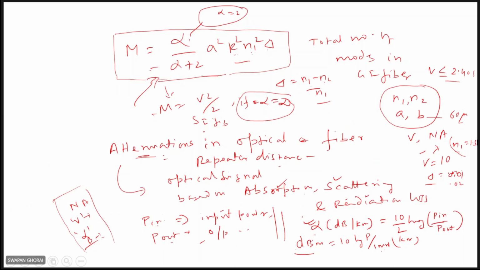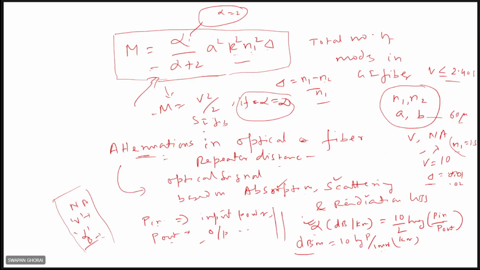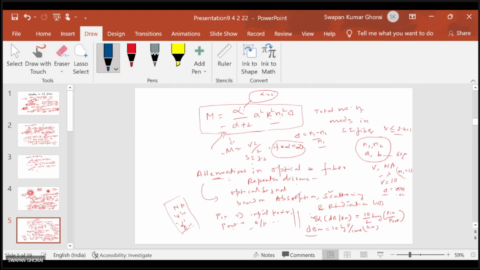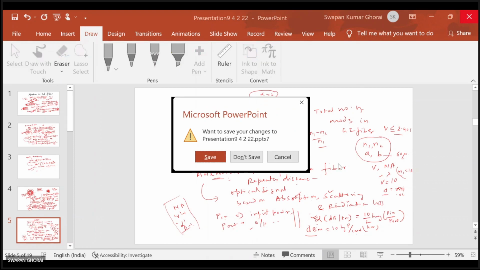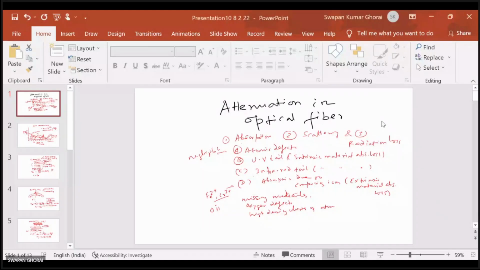So we'll see it now in detail. Let me consider the next slide, next PPT. Subodhan, is it visible?